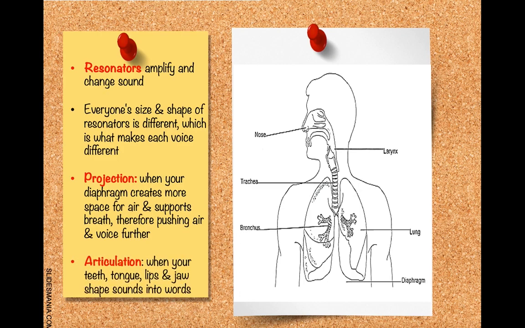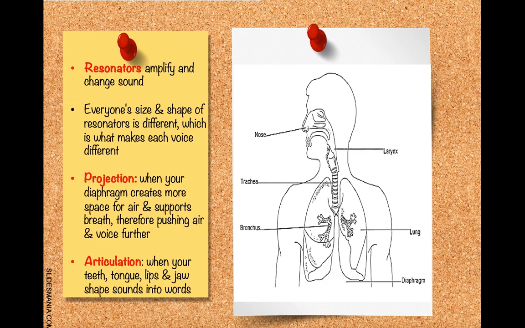Articulation is when the articulators, which are your teeth, your tongue, your lips, and your jaw, just really at the front of the face, shape sounds into words. There are different articulators that work for different sounds. For instance, if you think about the letters of the alphabet, A is more of your teeth articulating.